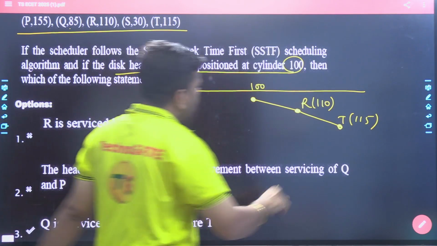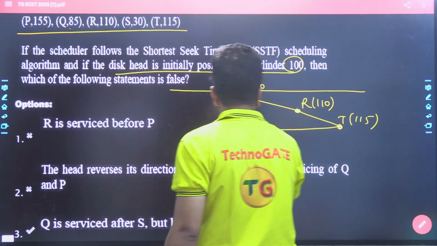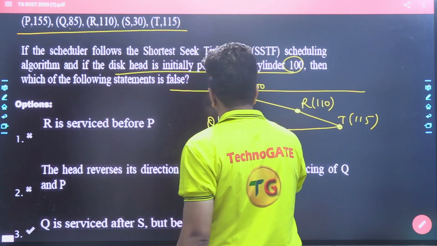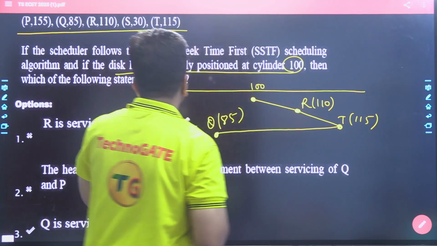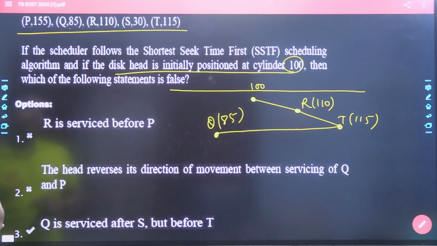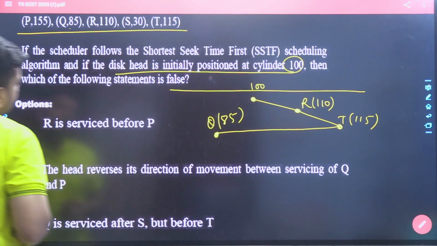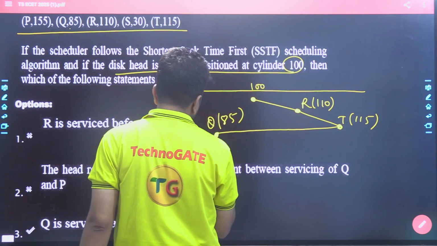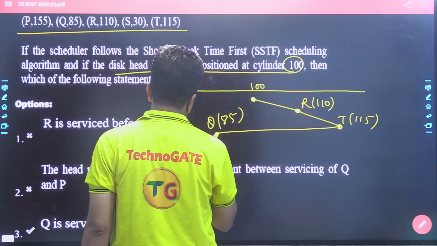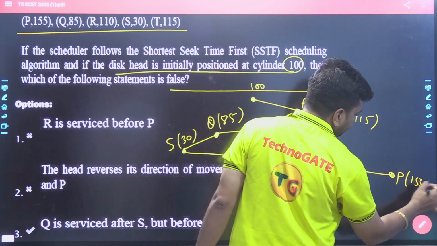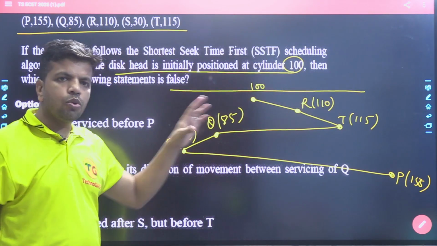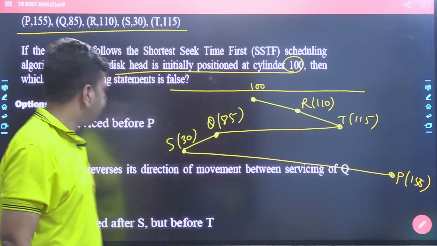So you need to go to Q, 85. After that, if we subtract 50, then we can go to S, and then serve P. So exactly that would be the way to serve all the requests.